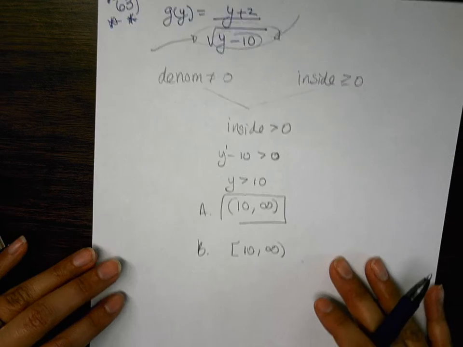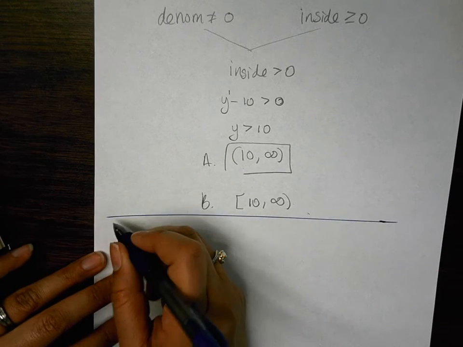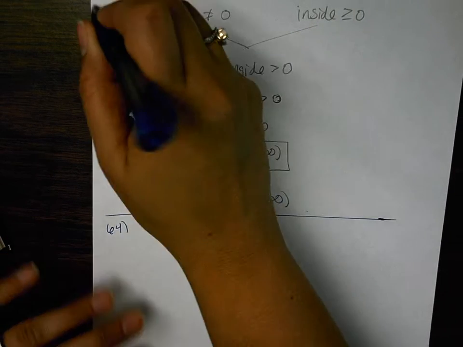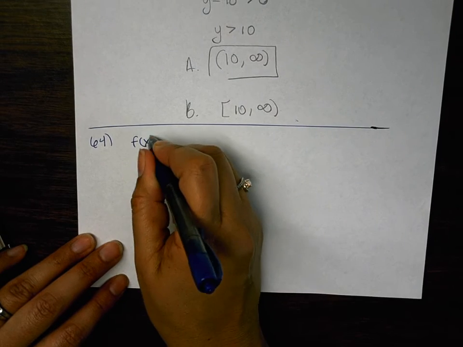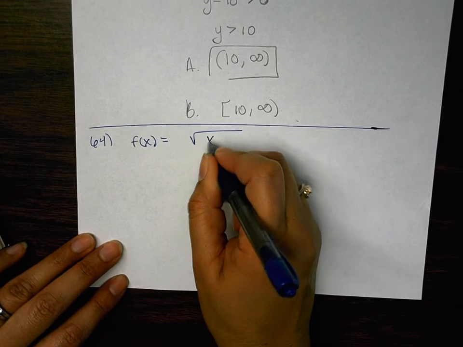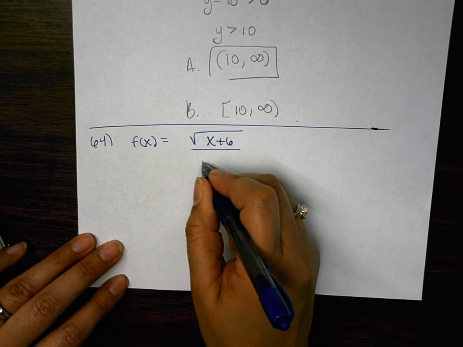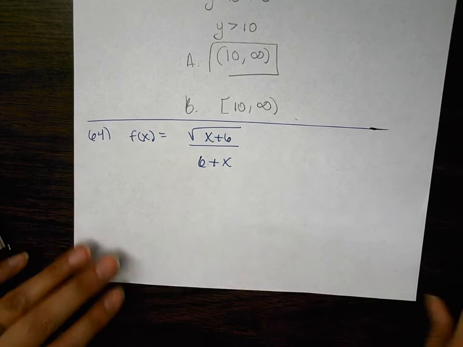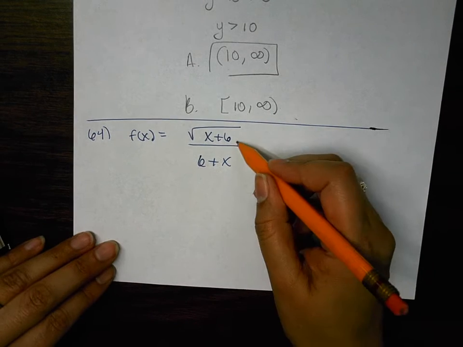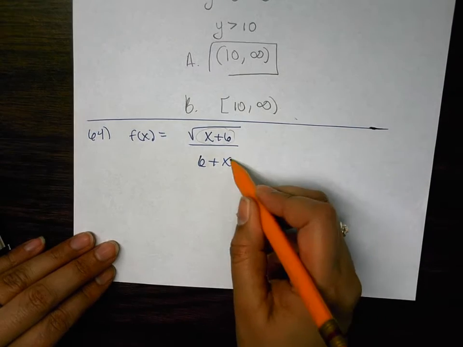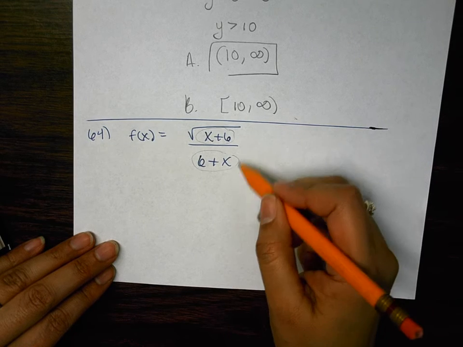Yes. Okay, 64. The test question is going to look more like 63 than it does 64, but 64 is very similar to the last one. It doesn't look like it, but I'll show you why it is. Okay, looking at the inside, is that the same as that? X plus 6 the same as 6 plus x.